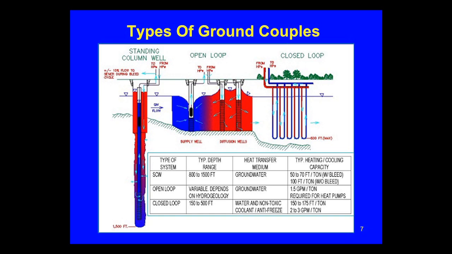How they're hybrid, and I'll get more into these, is that they basically are a one point, similar to the closed loop, where heat exchange is circulated in and out of that one borehole, even though we have several of them manifolded. But it's like an open loop in that you still are directly exchanging groundwater, and there's a pump in the well. In this case, you have a 1,500-foot hole.